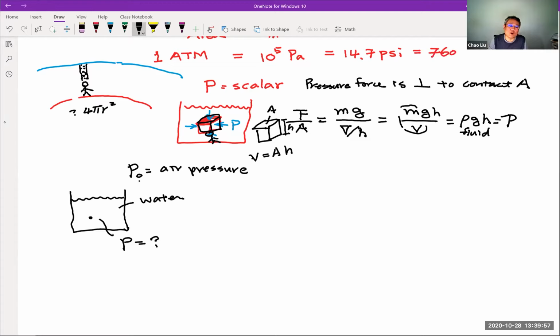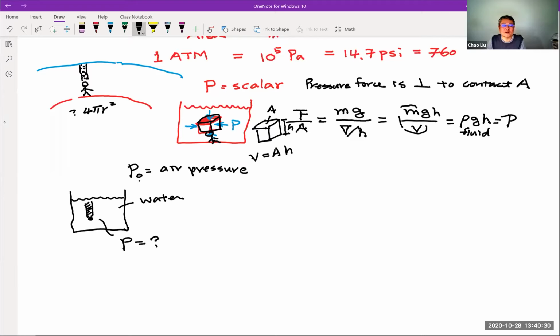Or is it going to be more, or is it going to be less? What do you think? Anyone want to try to guess? No? You think about this then. If you have something over here, you're going to feel the pressure from the water above you.